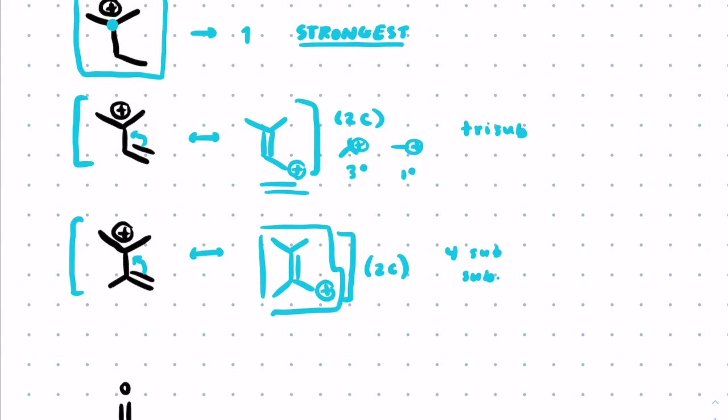If something is more stable, that means it's less likely to react. And in terms of electrophiles, the more stable an electrophile is, the less likely it is to react. So in terms of here, this is the most stable, so this is the least likely to react. So this is going to be our cross-out, weakest electrophile out of this bunch.